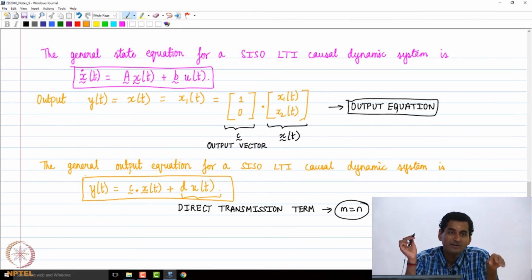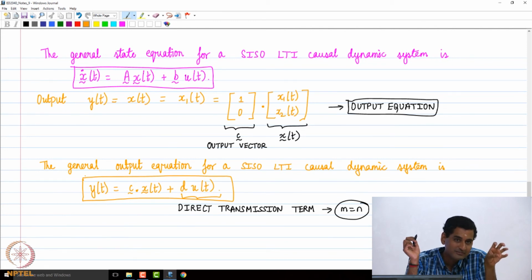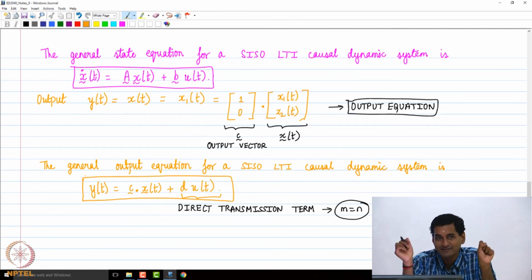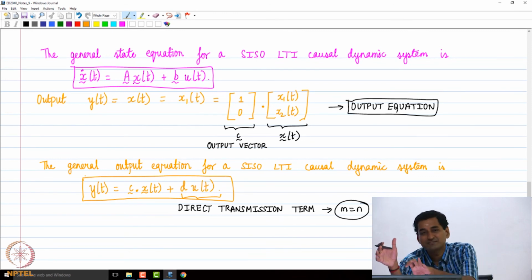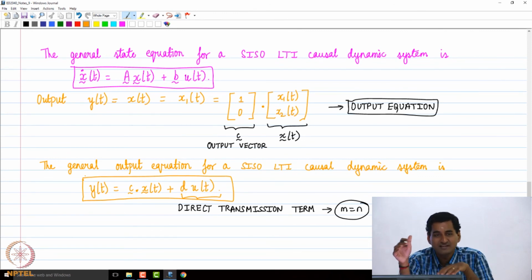Why? Let's say in the numerator you had a second order polynomial, and the denominator also a second order polynomial. If you recall division of polynomials, you can have a quotient and a remainder, right? That quotient will be a constant, and then you will have a remainder. That quotient will automatically multiply the input, so you will have one term which will directly come from the input. The other term will be from the dynamics of the system. So that is the physics, right?